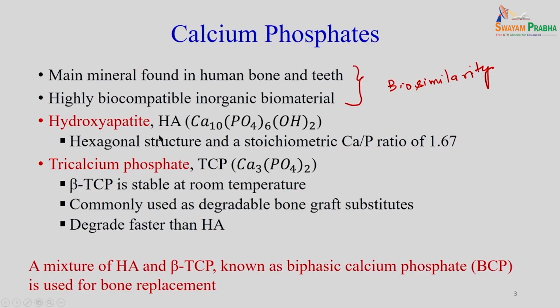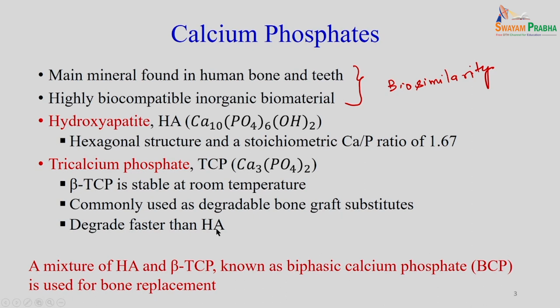Now, apart from that, another phase is the tricalcium phosphate, that is also a common phase. It is stable at room temperature, and TCP is commonly used for bone graft substitute, but its rate of degradation is much faster than the hydroxyapatite.